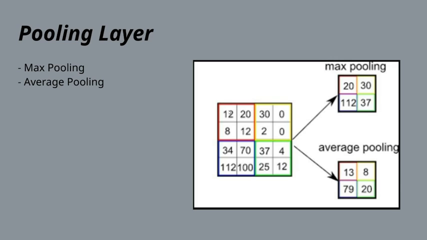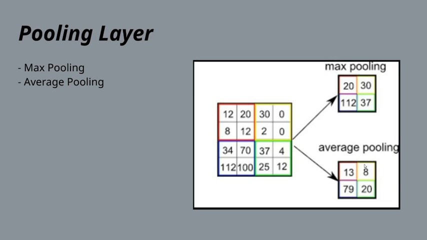For max pooling, as you can see, if this is a 4 by 4 matrix and we want to get a 2 by 2 matrix out of it, it will divide it into 4 sub-matrices. In max pooling, it will try to get the maximum value. So here we'll get 20, here 30, here 112, here 37. This way we are getting 20, 30, 112 and 37 as the max pooling layer's output.